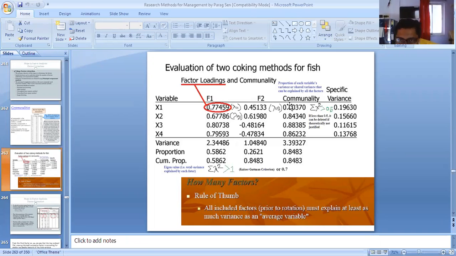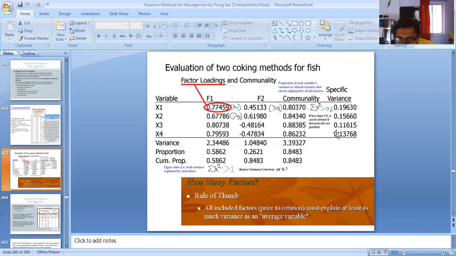This is the meaning of communality. Suppose 0.84, that means 84% of the variance of the variable x2 can be explained by factors f1 and f2.